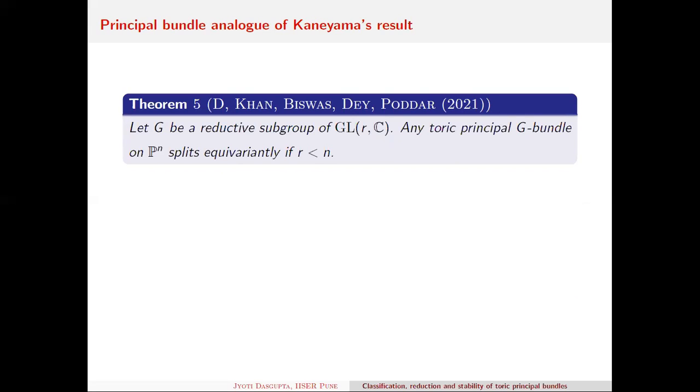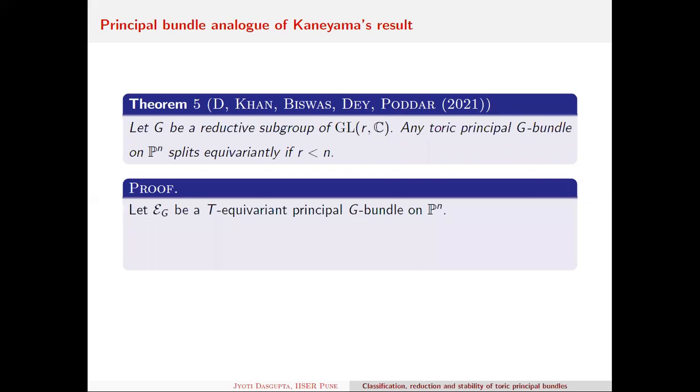Now this has an application as a principal bundle analog for Klyachko's result. Recall that the result talked about the splitting of equivariant vector bundles of rank less than n on projective space of dimension n. So here we are considering a reductive subgroup of GL_r(C), and any toric principal G bundle on P^n will split equivariantly if r is less than n. So we start with such an equivariant principal G bundle E_G on P^n.